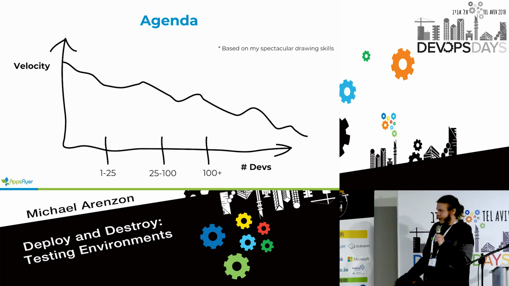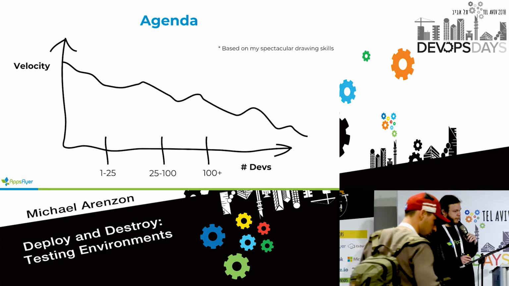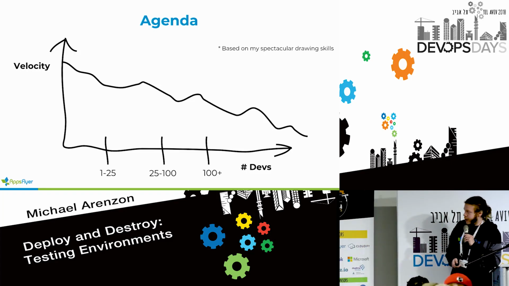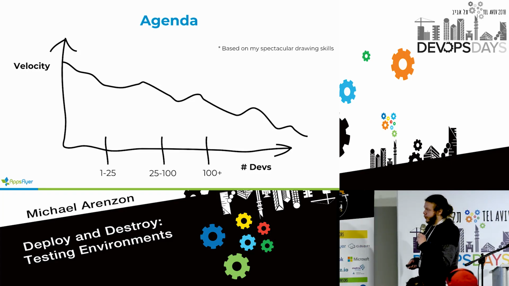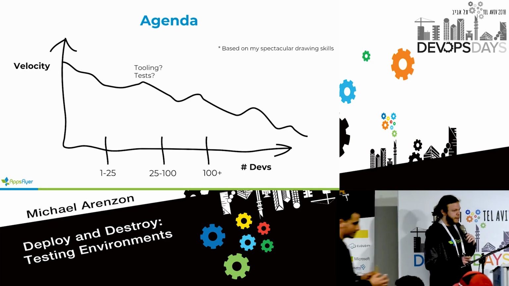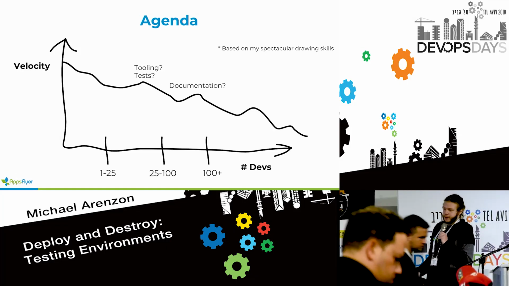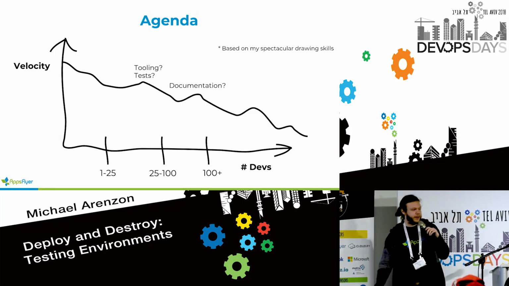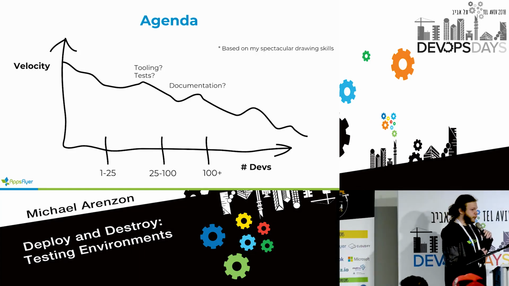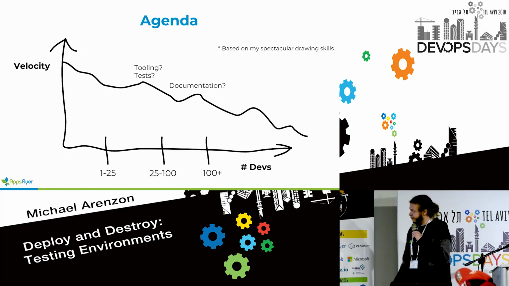And like every other company, with the growth of the R&D and of your code base, the velocity goes down. At first you say, okay, maybe I need to improve something, maybe I add tools, maybe I add some tests, and we see a small jump in velocity. Then maybe we are lacking documentation and guidance for new employees to understand how to develop and work on the system.